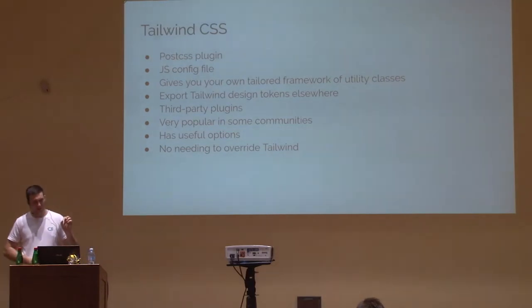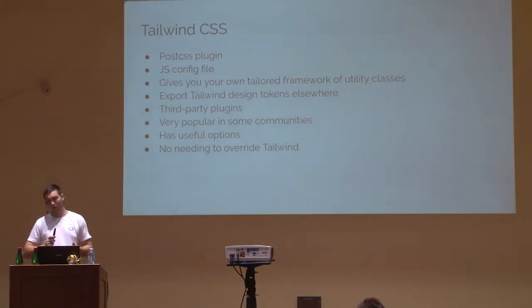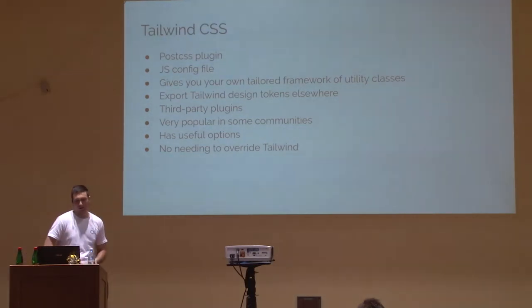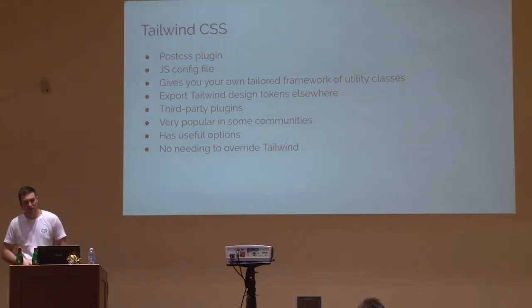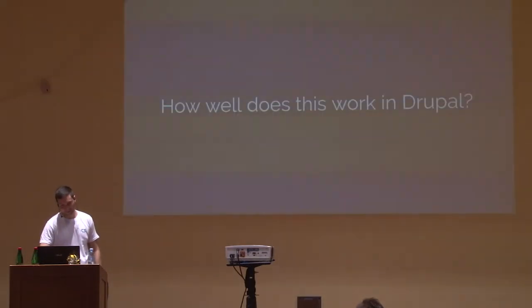So you just define breakpoints in one place and use it in YAML or JSON for Pattern Lab, or export to a CSS file as a variable. There are, of course, a lot of third-party plugins that help you to extend functionalities that Tailwind can offer.